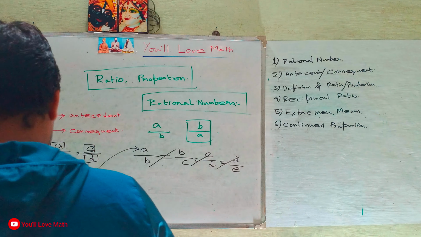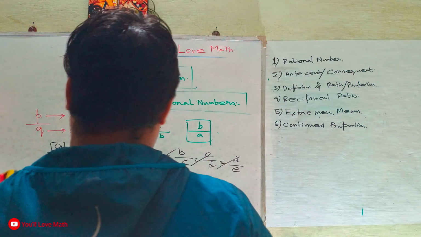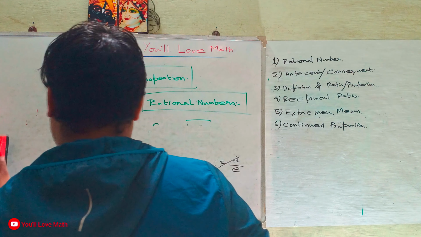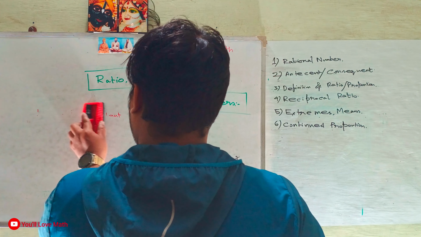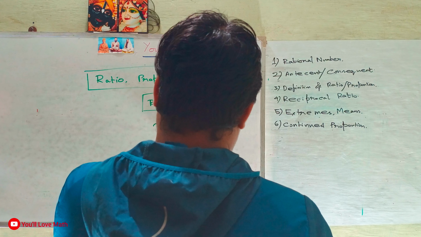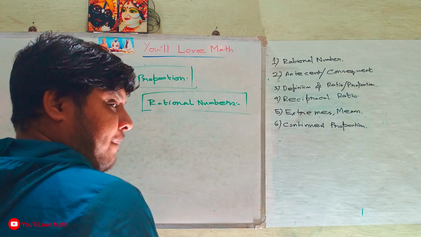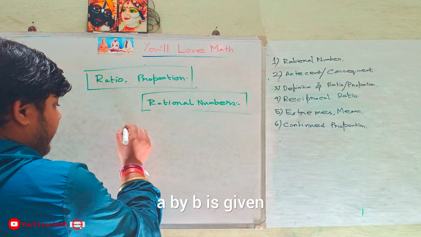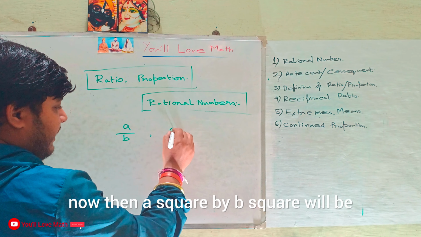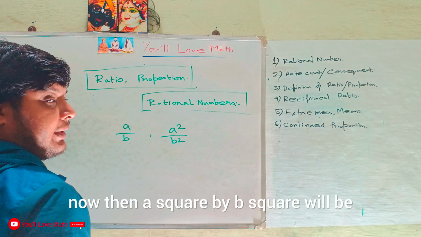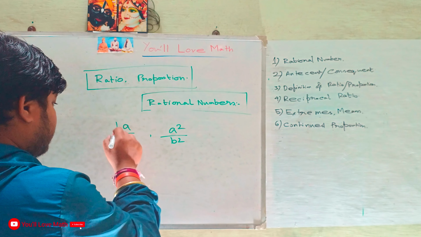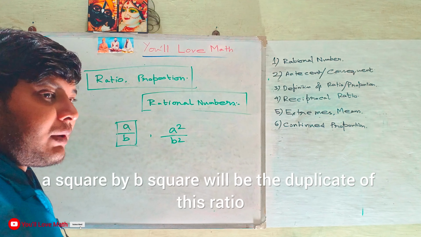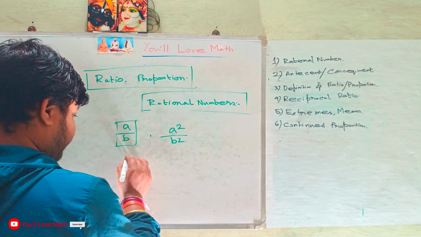Now if a by b is given, then a square by b square will be the duplicate of this ratio.